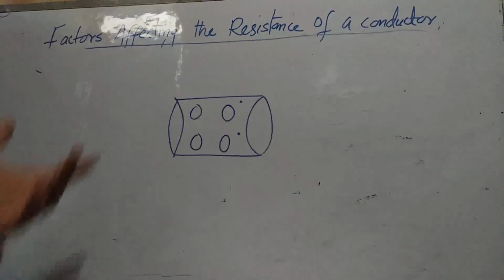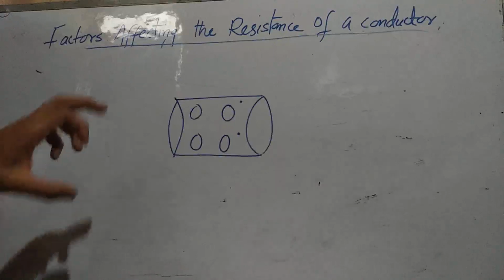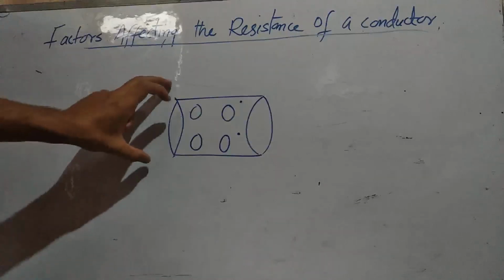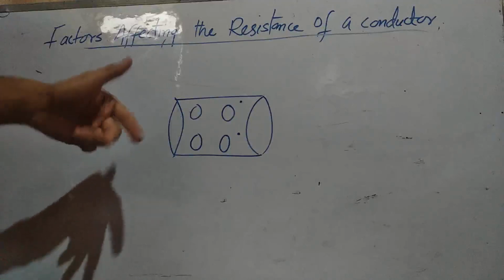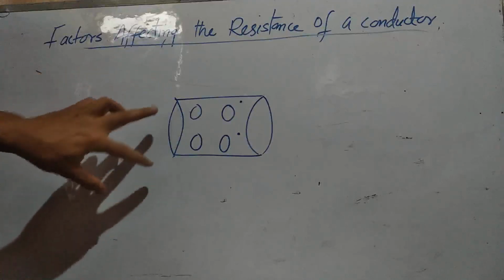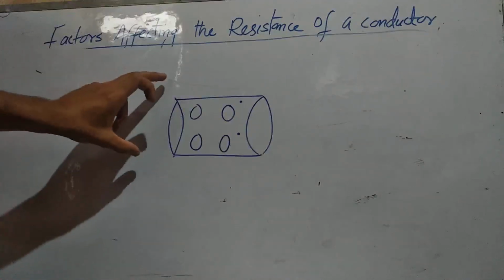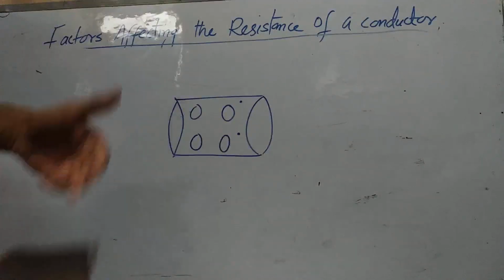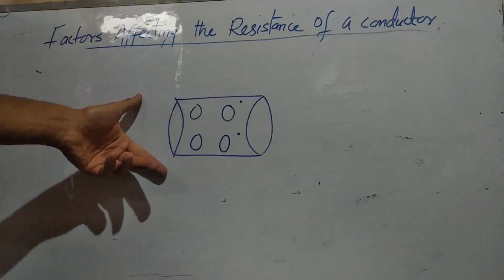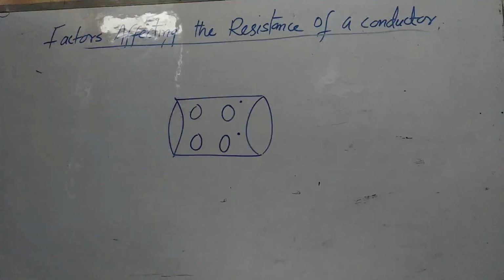So let's now try to explore the reason why, with the increase in length of the conductor, the resistance increases, and with the increase in area of cross section, why the resistance decreases. Let's explore this reason with a logical explanation.